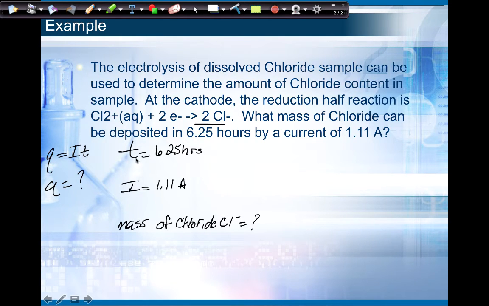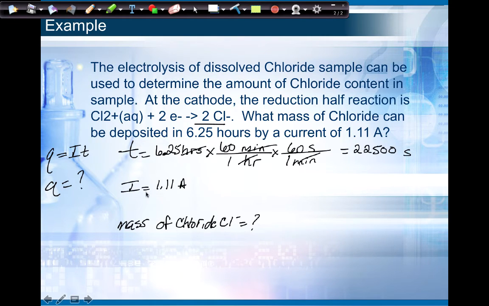I can figure out what Q is. The only problem is T is in hours, so I've got to convert that first to seconds. So hours needs to be converted to seconds. 1 hour is equal to 60 minutes, and 1 minute is equal to 60 seconds. All right, so when I figure that out, I get 22,500.